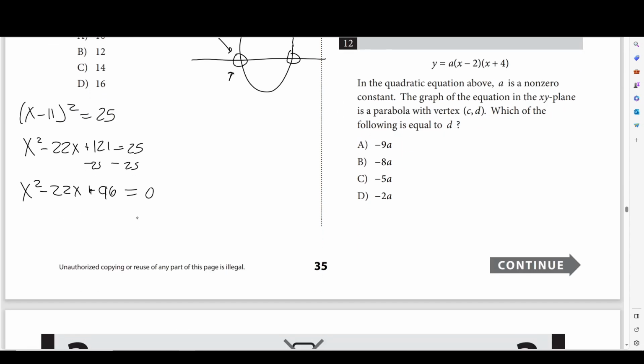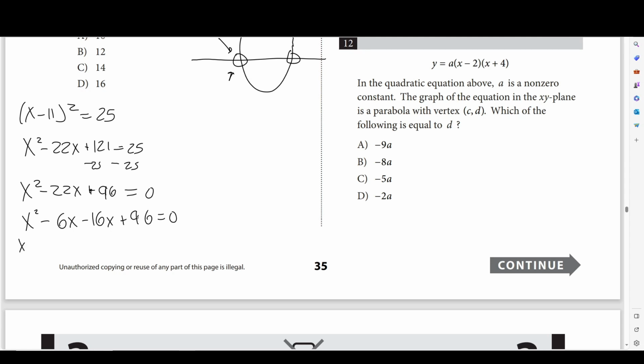What multiplies into 96 and adds to 22? That's going to be 16 and 6, I think, right? So x minus 6, x minus 16. 16 minus 6 is negative 22, so that's good. And negative 6 times negative 16 is 96, so that's correct. So plus 96 is equal to 0.